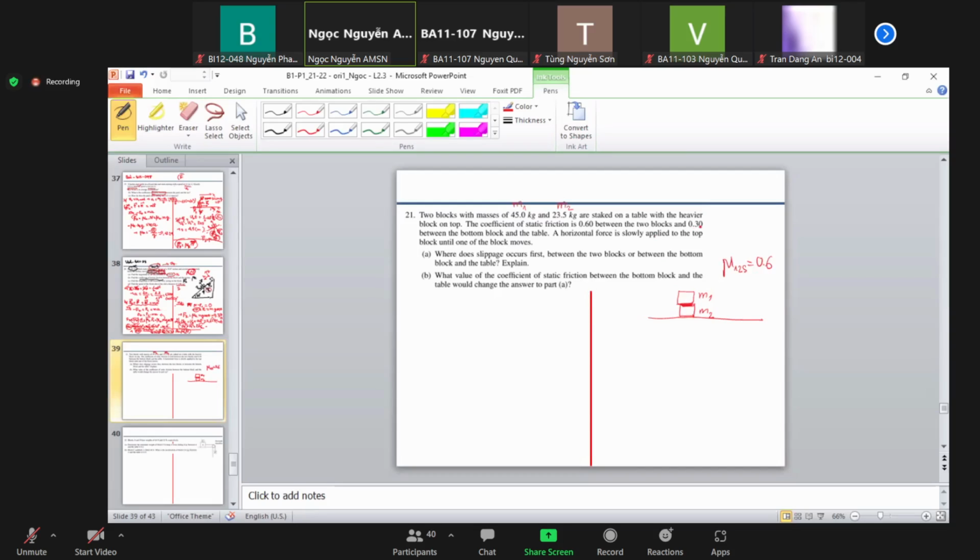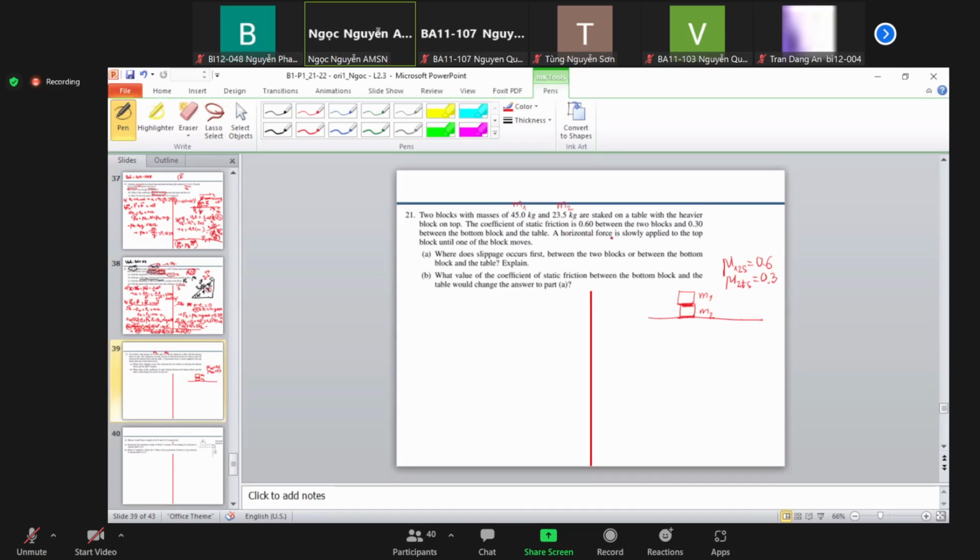And 0.3 between the bottom block and the table. Here we have another interface between M2 and the table. I will call it mu 2TS. T stands for table, S is static, equal to 0.3.